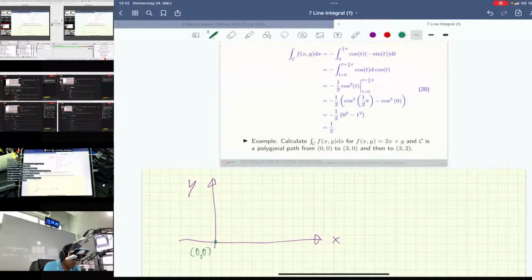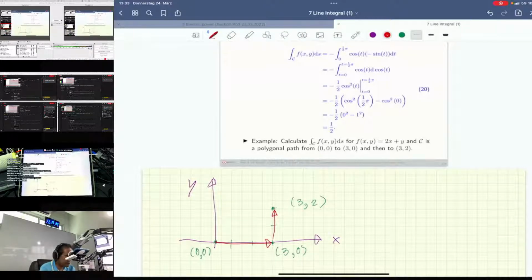Our next one is 3, 0, right? 1, 2, 3. Sorry, I'm stupid. This one, right? This is the point 3, 0. And the next one is 3, 2. 1, 2. So this location is known as 3, 2. So the path of the integration is this one. You go along this and you go along this.